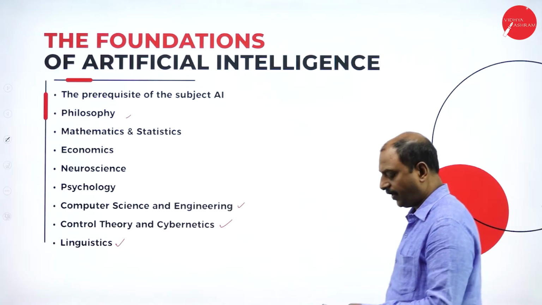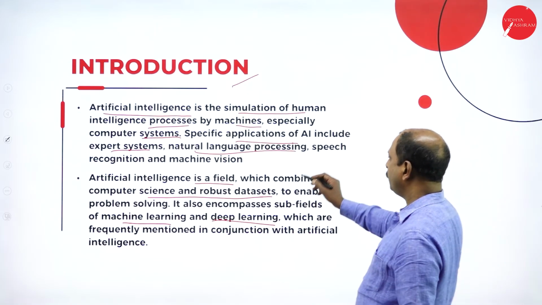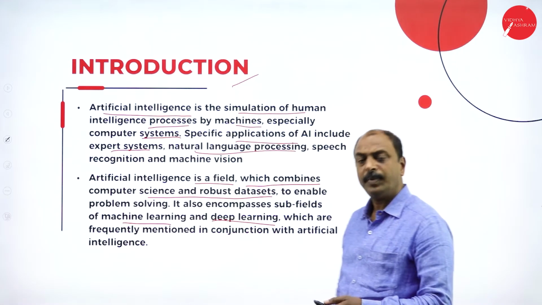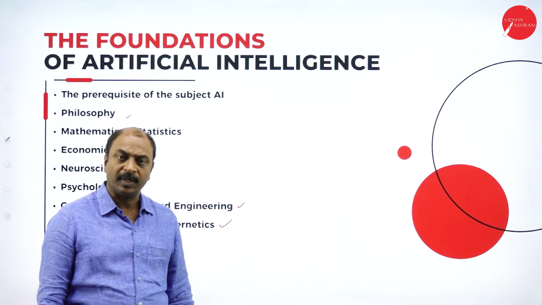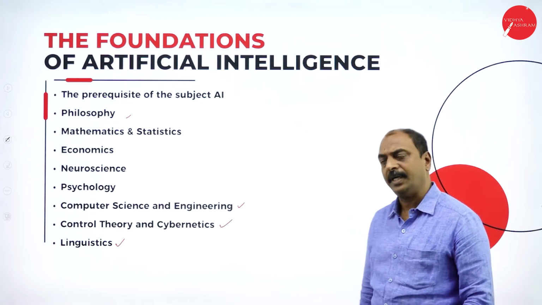These are different fields we are using in AI. That is the meaning of a combination. It is not one field, it is a combination of different fields, which made it possible to develop a system like artificial intelligence.